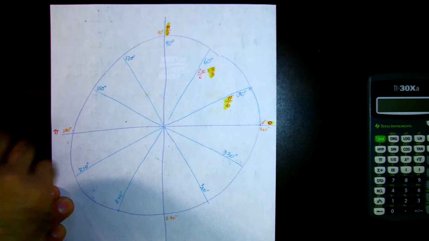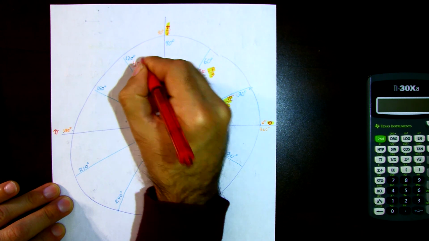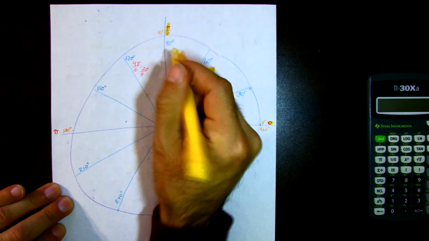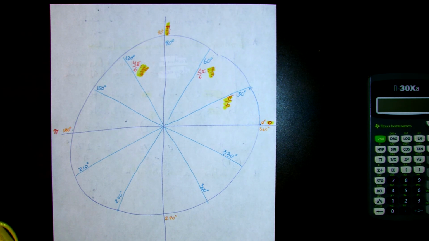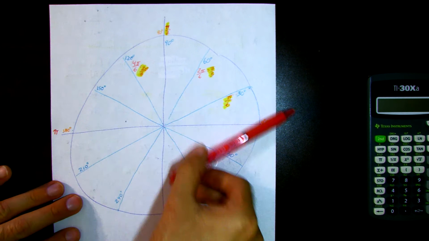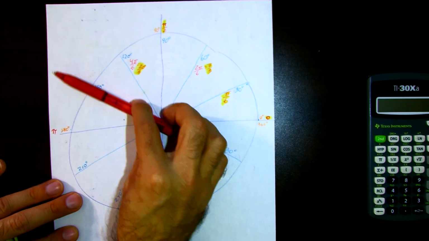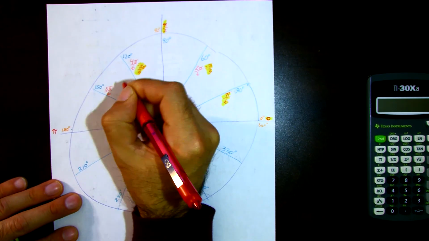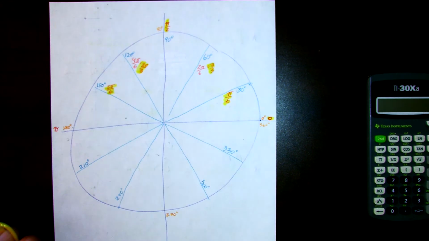All right, let's look. 1/6, 2/6, 3/6, 4/6. 4 pi over 6, which is 2 pi over 3. All right. 1/6, 2/6, 3/6, 4/6, 5/6. 5 pi over 6 cannot be reduced, so we have it.